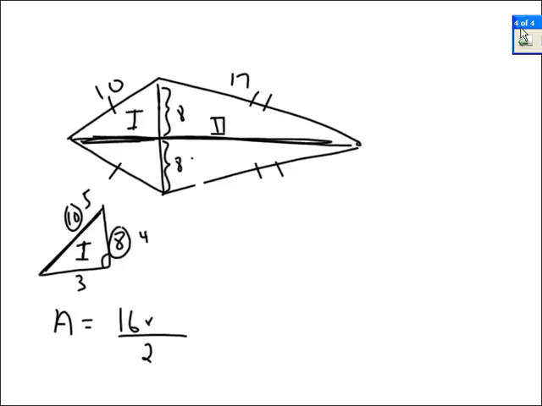In other words, if you had 4 and 3, right triangle, you can call that 5. Because the longest side should be 5. The hypotenuse should be the longest side.